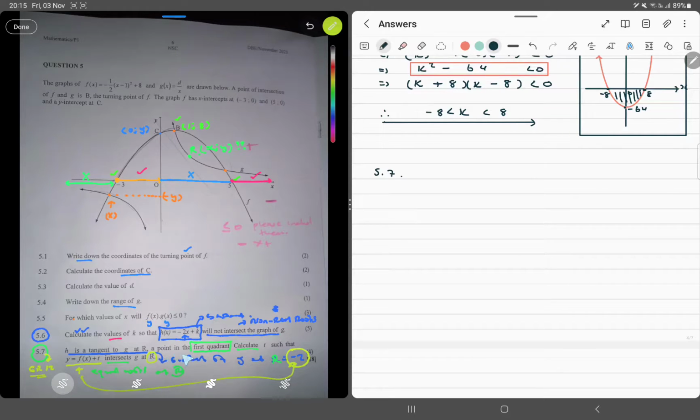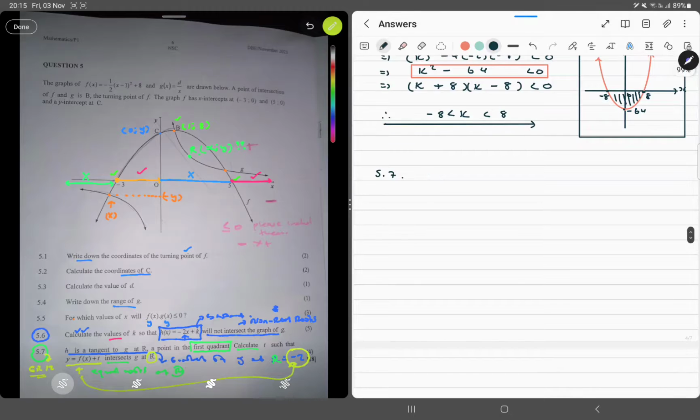Okay, all right. So our plan of attack is to write this one: y equals f of x plus t. Now let's sort this one out. f of x is what? f of x is minus a half of (x minus 1) all squared plus 8, plus t. So now this is the t.